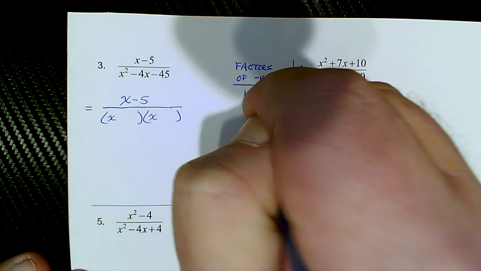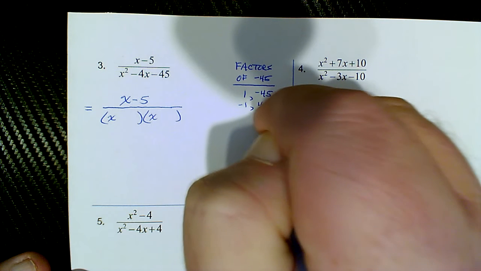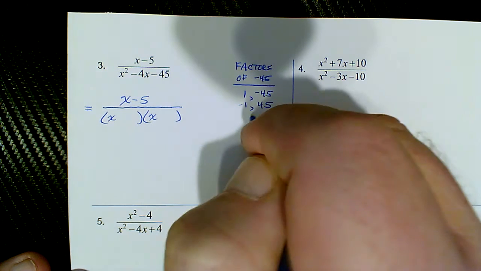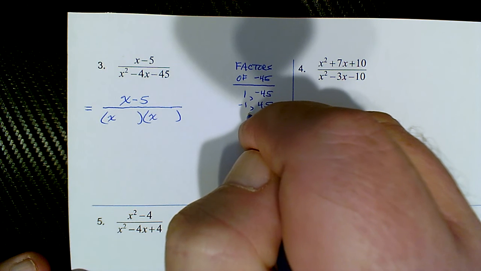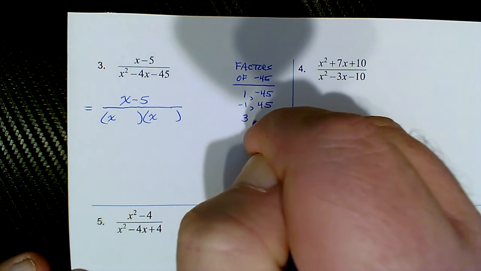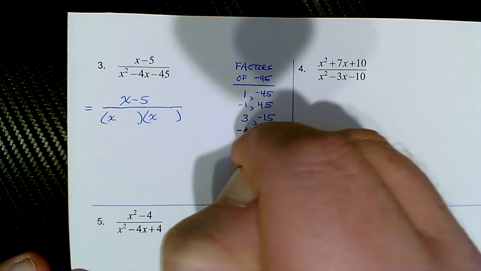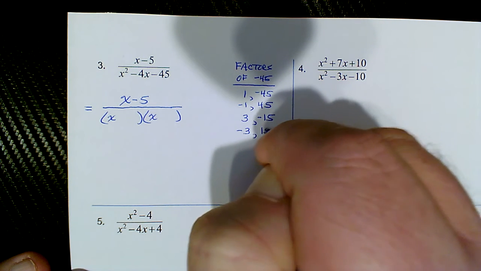Okay, 1 and negative 45, that's doubtful, but negative 1 and 45. Let's see, 2 doesn't divide, 3 doesn't go, yes it does, 3 goes in evenly 15 times. So 3, negative 15, negative 3, and 15.